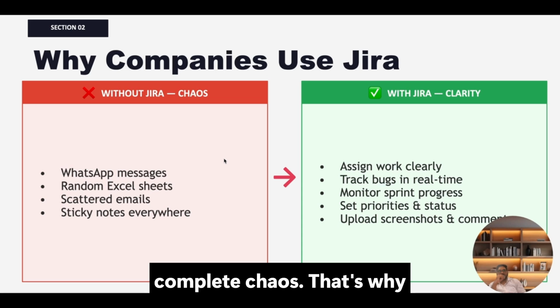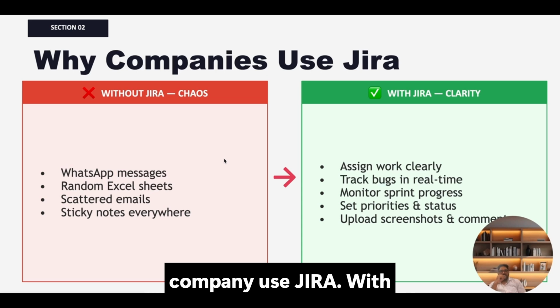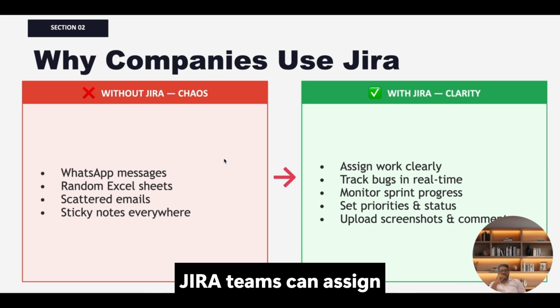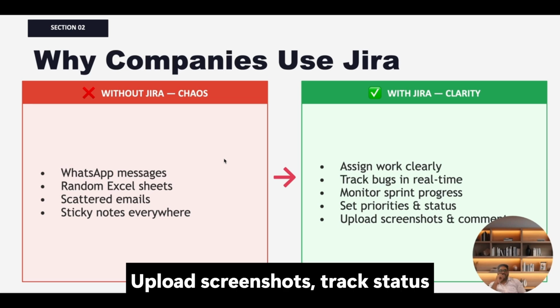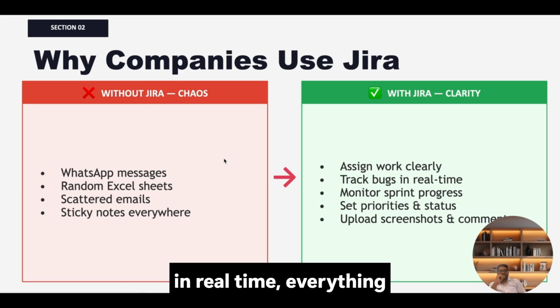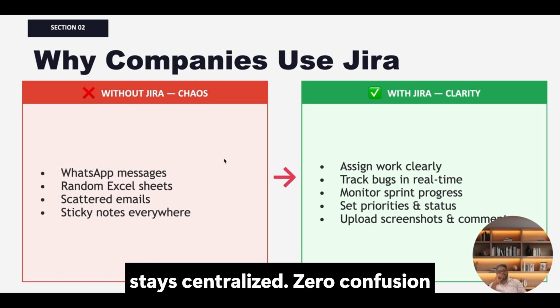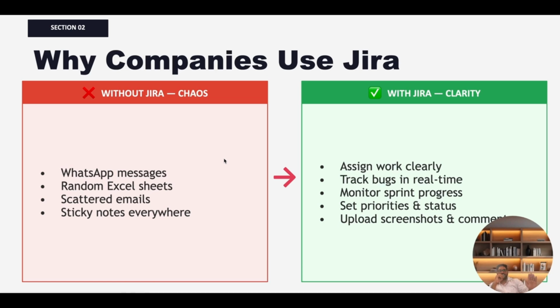That's why companies use Jira. With Jira, teams can assign work, track bugs, monitor sprint progress, add comments, set priorities, upload screenshots, track status in real time. Everything stays centralized, zero confusion.